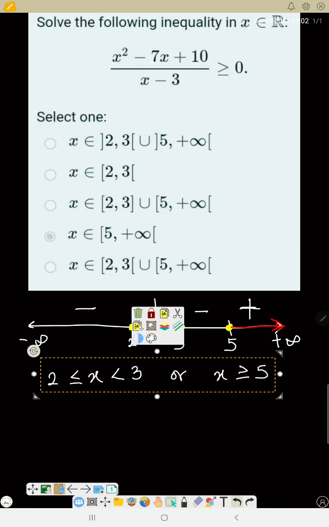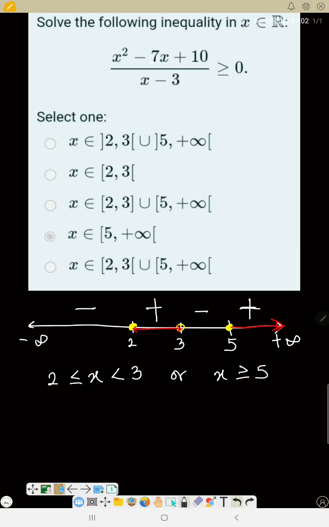So this will be our answer in interval notation. But if you look at the options, the answer is not this way. For the option, it will be like s is a member of, now 2 is included, you use that bracket, comma, 3 is not included, you use the opposite bracket.